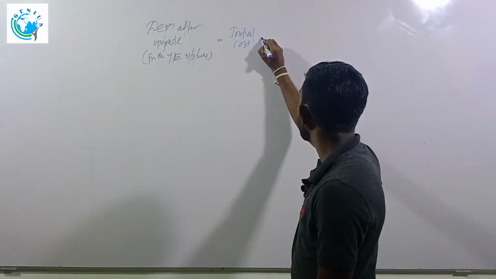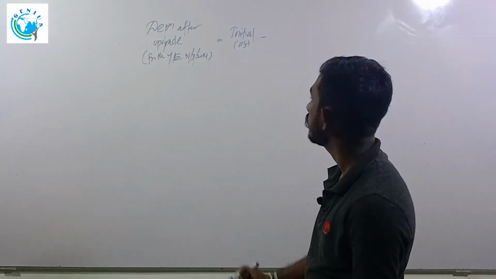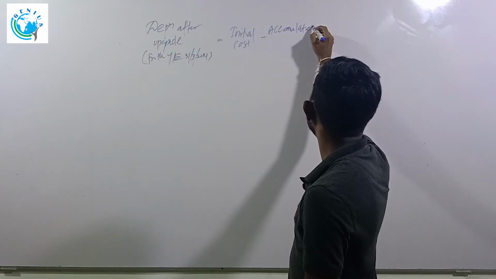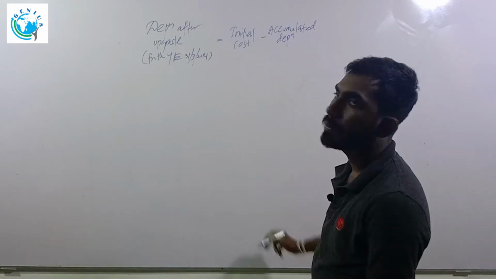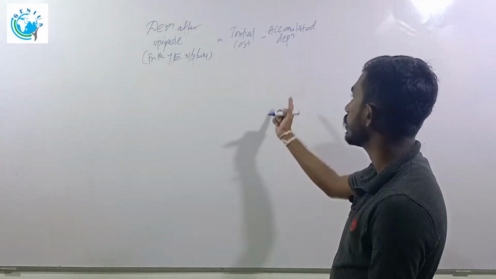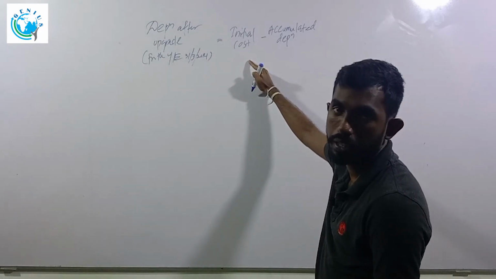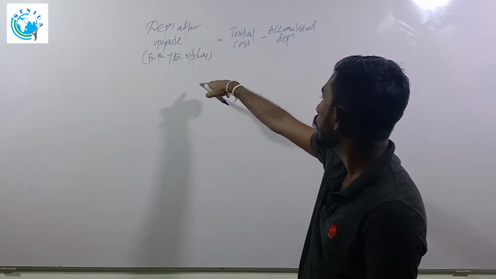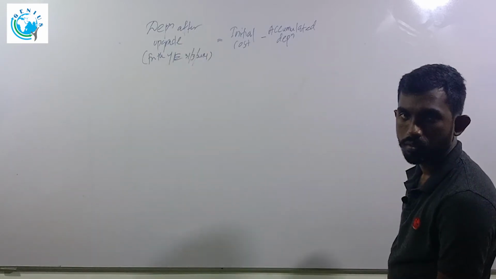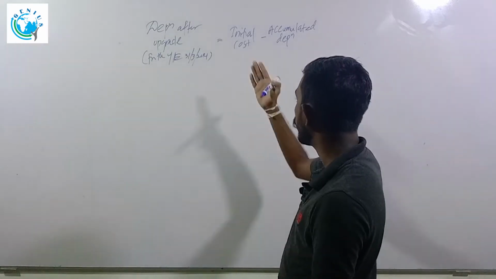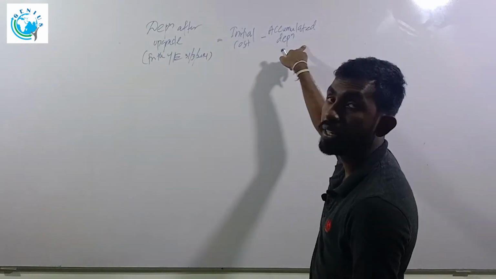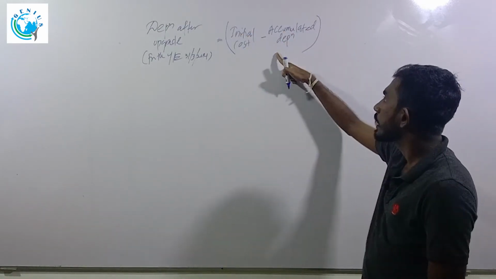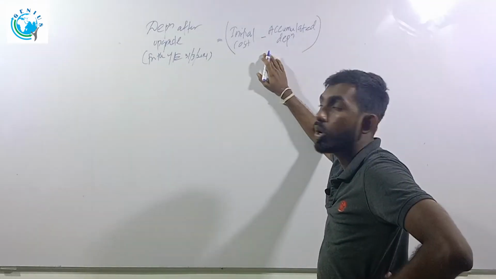Then you have to deduct the accumulated depreciation for this particular item of PPE from the date of purchase up to the date of upgrade for the whole period. That means up to the date of upgrade, you have to deduct the total depreciation amount. That means this part is the carrying value at the date of upgrade.